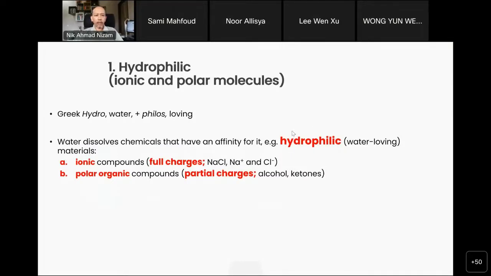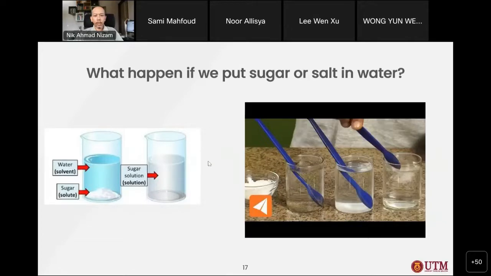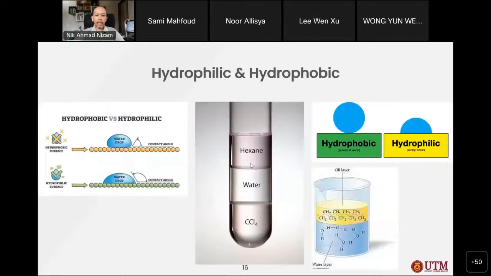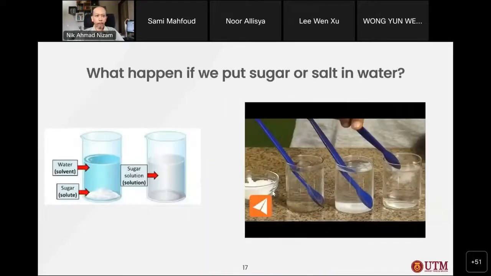Okay, we'll talk about hydrophilic. This is what I want to tell you about: some elements can be dissolved in water. They have interaction with water, unlike hexane and chloroform.